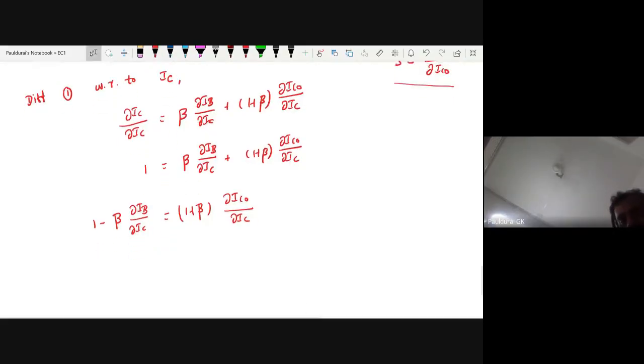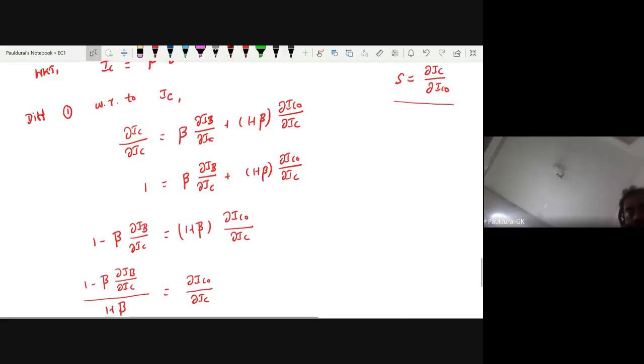So now bring this 1 plus beta to the left hand side. So it becomes 1 minus beta times change in IB with respect to IC divided by 1 plus beta, which is equal to change in ICO divided by change in IC. But what is S?